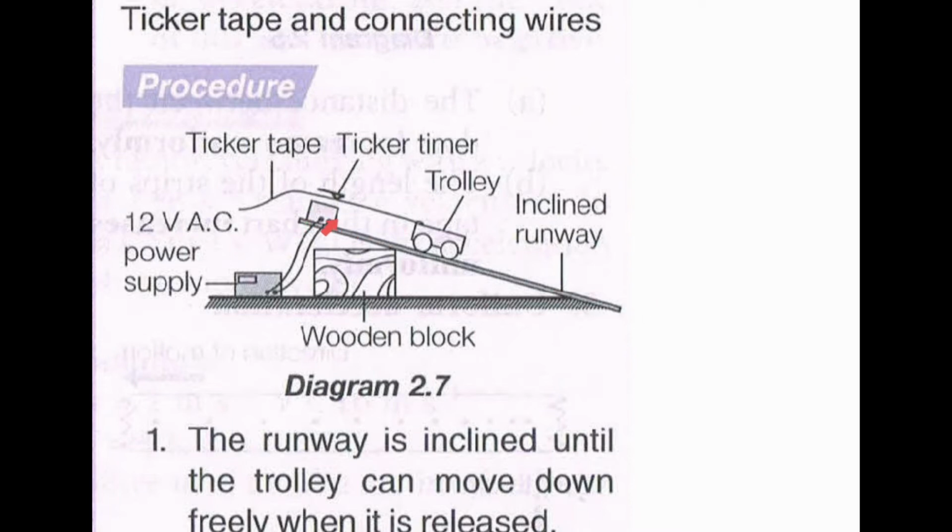There is a ticker tape held at the back of the trolley, which passes through the ticker timer, and the ticker timer will make dots on the ticker tape. So you let it go down, and then you study the ticker tape. From the ticker tape, we are able to calculate the displacement, the velocity, and the acceleration. So we want to understand that.